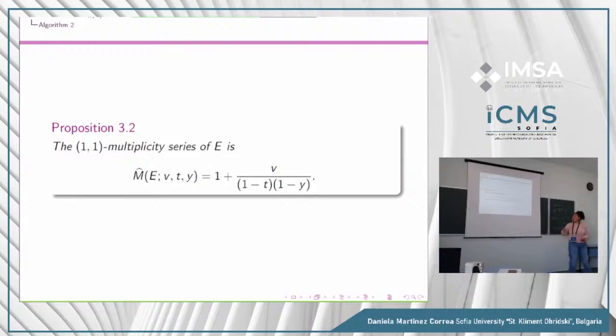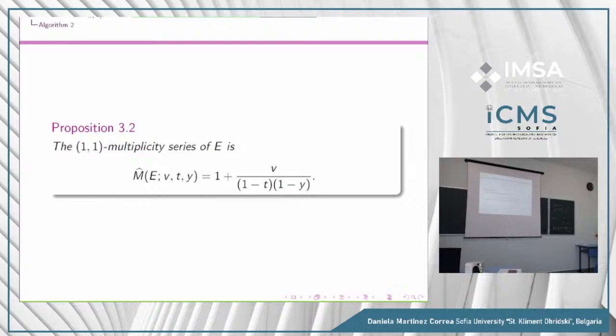So we have the Grassmann algebra, where n is equal to 1. This implies that k and L are equal to 1. So we computed the 1-1 multiplicity series of the Grassmann algebra, and it is given by this expression. This expression has all the information about the multiplicities n lambda.